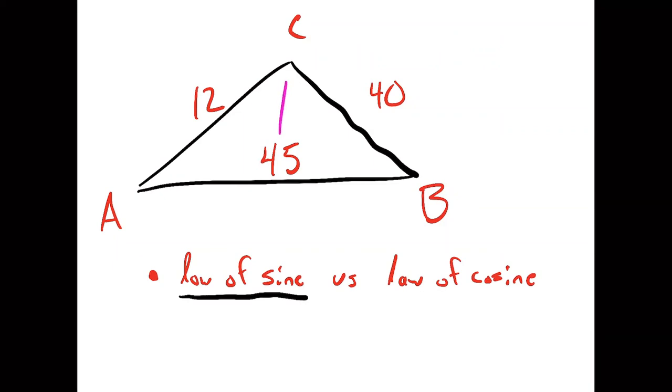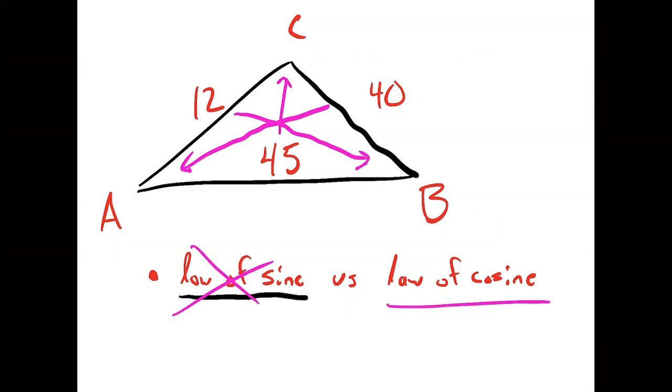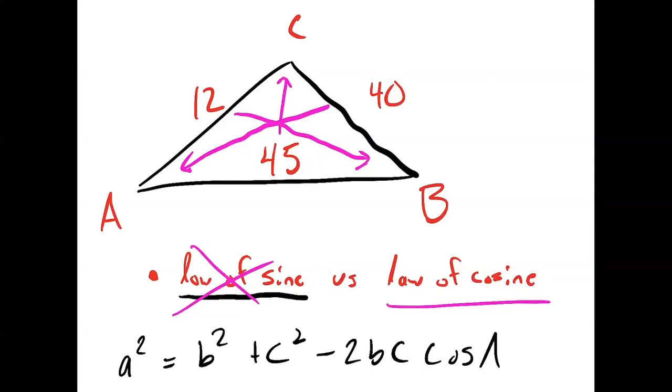We have a side but no angle, another side but no angle, and the last side with no angle. So we can't possibly use law of sine here, so we want to use law of cosine. Okay. If we apply law of cosine, let's first look at the equation: A squared is equal to b squared plus c squared minus 2bc times cosine of big A.